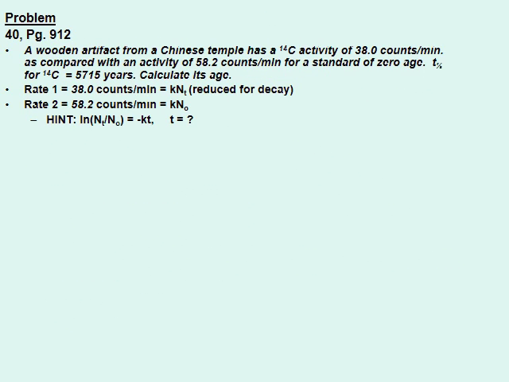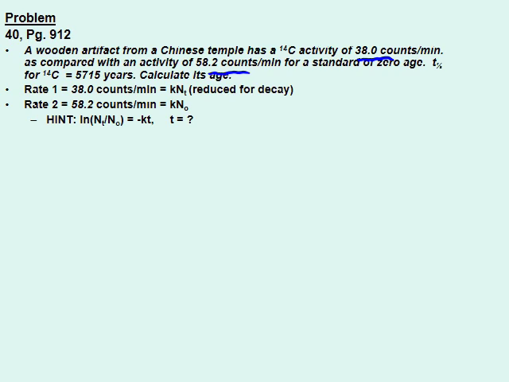Let me discuss number 40, page 912. It says that a wooden artifact from a Chinese temple has a carbon 14 activity of 38 counts per minute. That's important, 38 counts per minute, as compared with an activity of 58.2 counts per minute for a standard or zero age. That means a present day living organism would have 58.2 counts per minute.